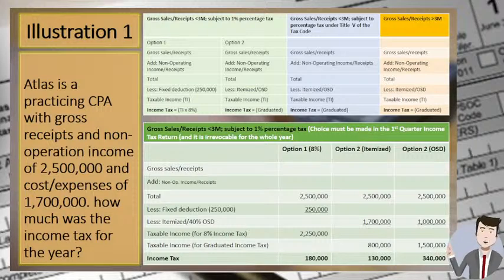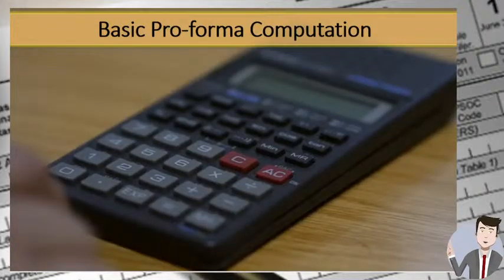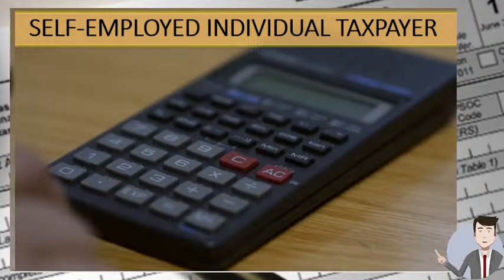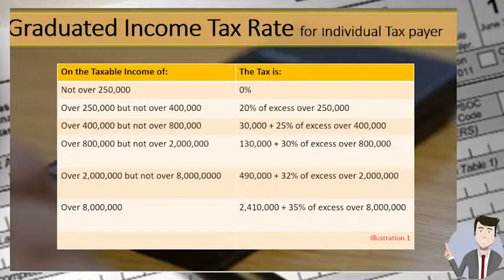Using the graduated income tax table, 1.5 million will fall on the fourth bracket. So the tax is 130,000 for the first 800,000, and the excess of 1.5 million minus 800,000 is multiplied by 30%, so that is 210,000 plus 130,000.